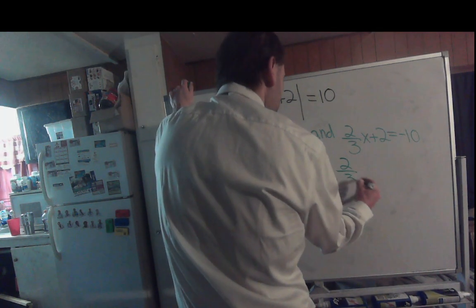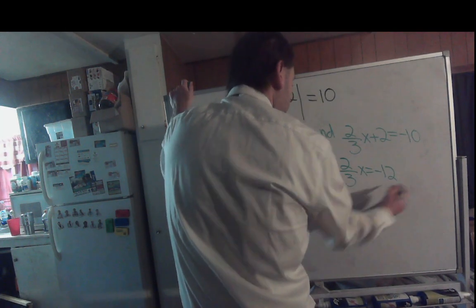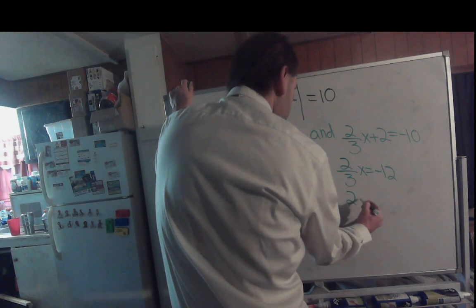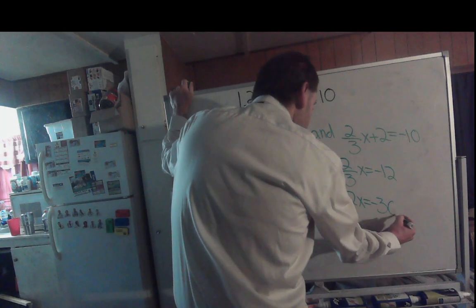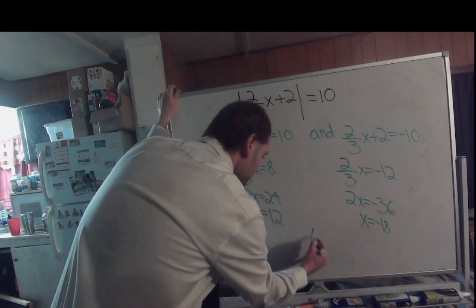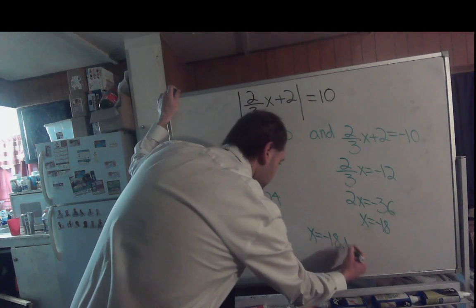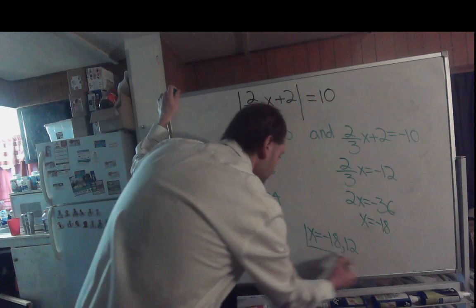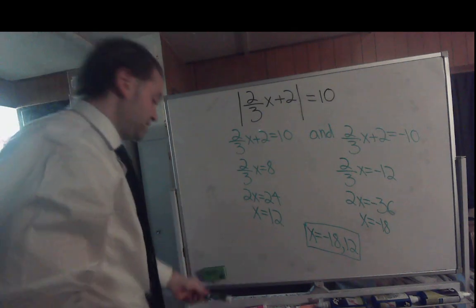That would give you 2/3 x equals -12, which would give you 2x equals -36, which would give you that x equals -18 for your other solution. So the two solutions to x are -18 and +12.